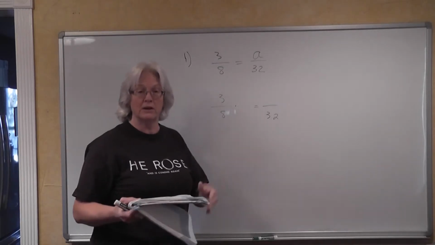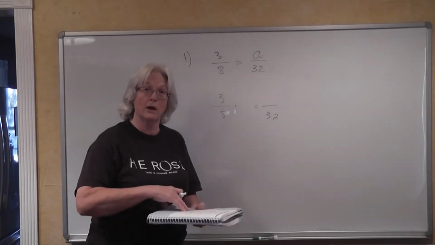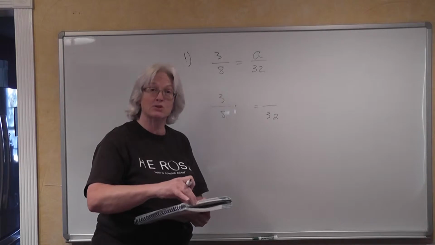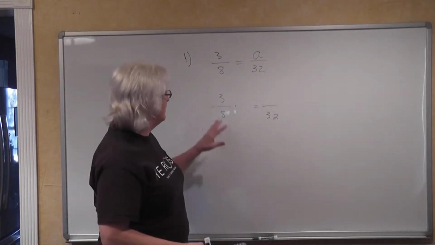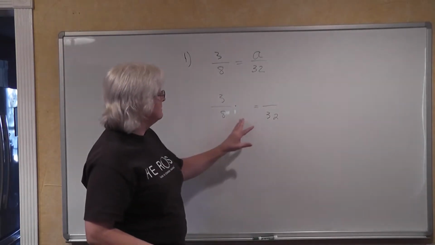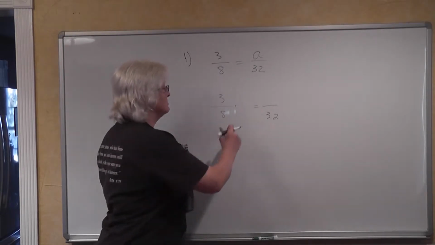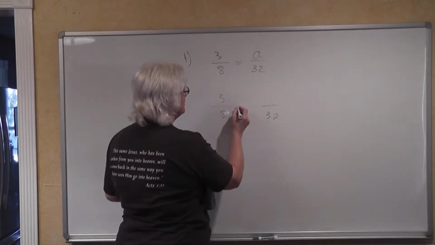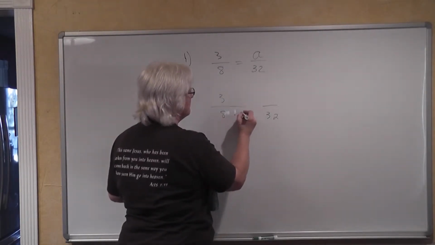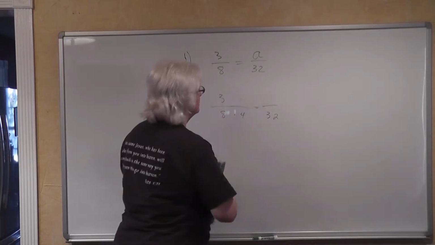This is where you need to make sure that you're real solid on your multiplication tables, because that way you can look right here and say, oh, 8 times 4 is 32. So we're going to multiply by 4 in the denominator.